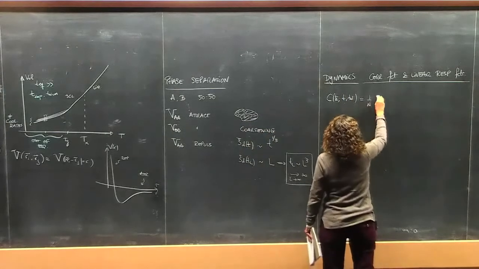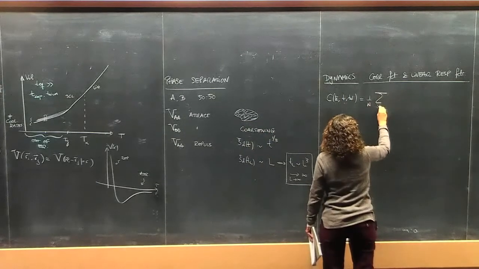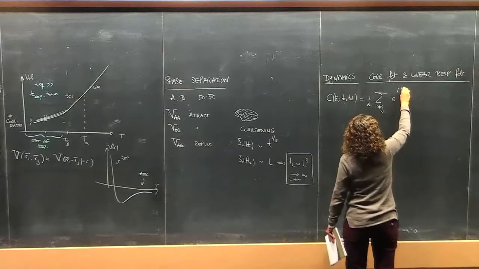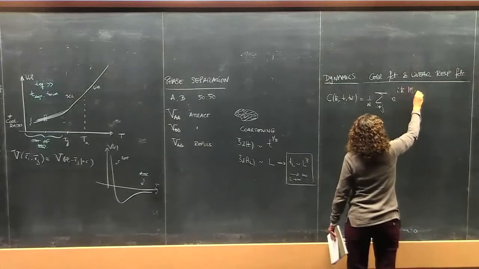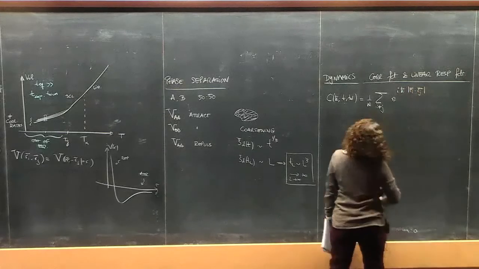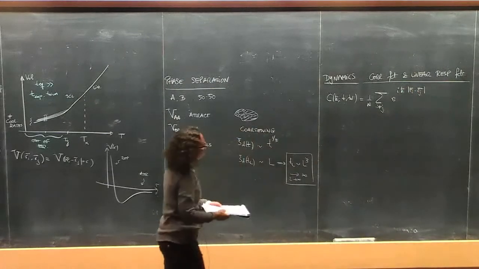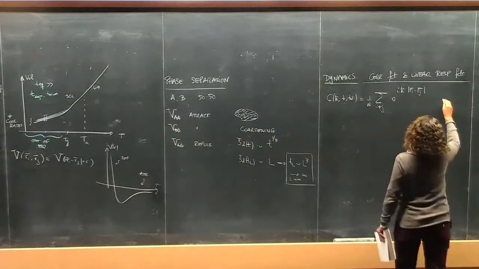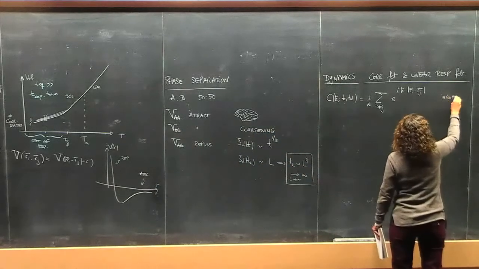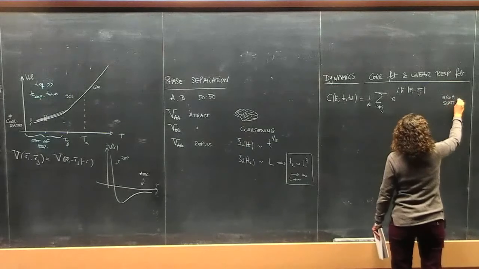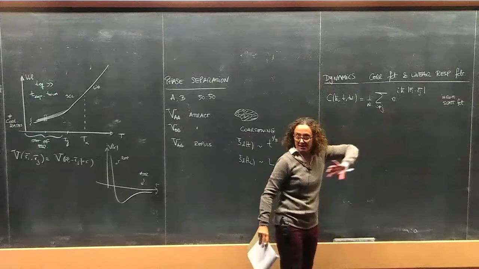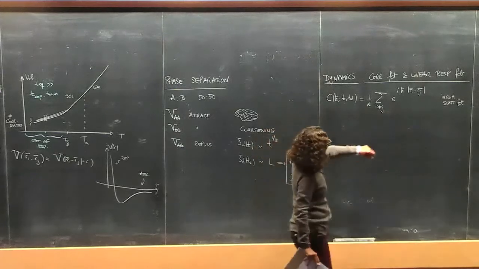So I will write it like this. So this expression that I wrote here is what people call the incoherent scattering function. It's just the contribution from different particles to the density-density correlation function.